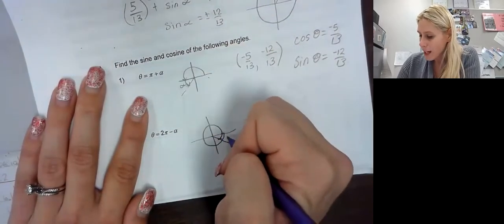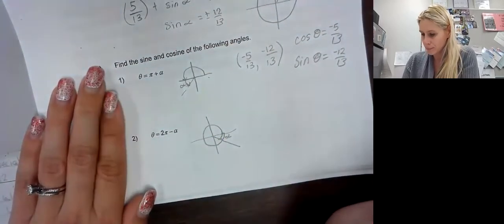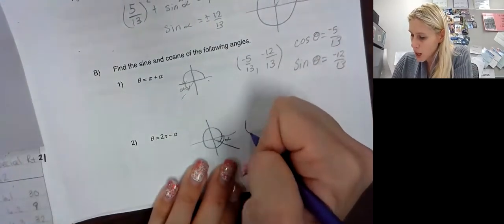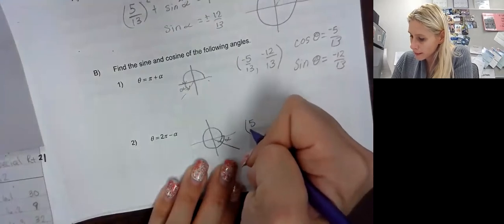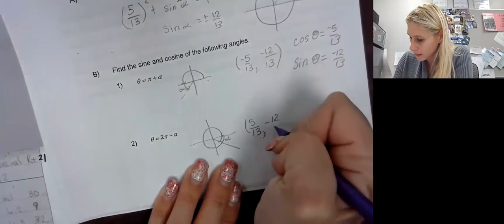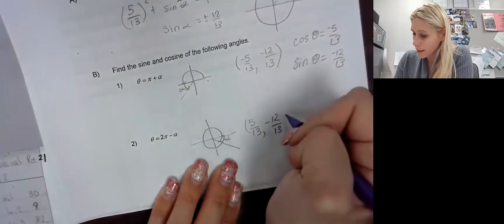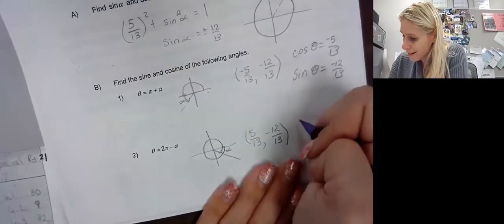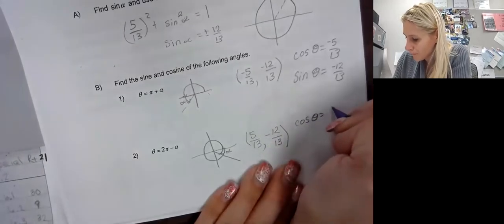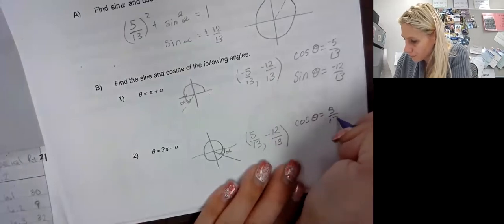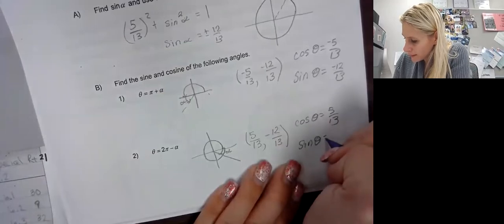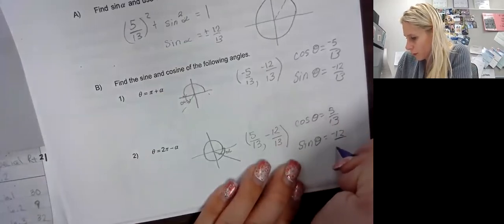We subtracted alpha, so this angle is alpha, which means we're in the fourth quadrant. So our position is 5/13, comma, negative 12/13. Cosine is positive, sine is negative. So cosine theta in this case is 5/13. Sine theta is negative 12/13.